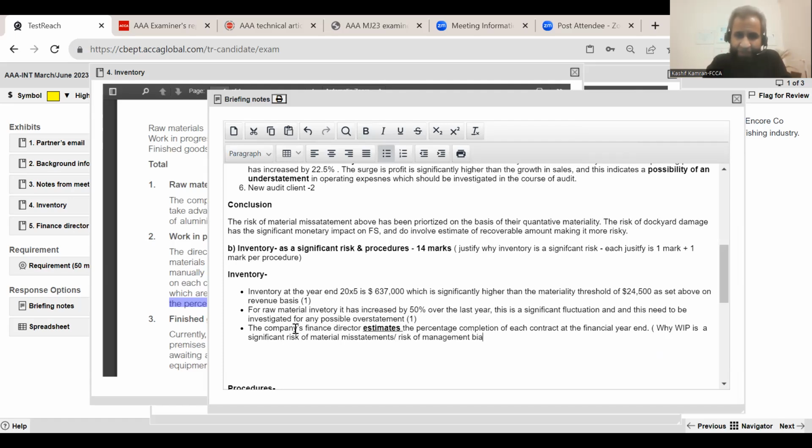In every component of inventory, we have something special. Raw material has increased a lot. In work in progress, there are estimates. Overall inventory balance is very material, and if you look at the threshold of materiality, 24,500 and so on and so forth.